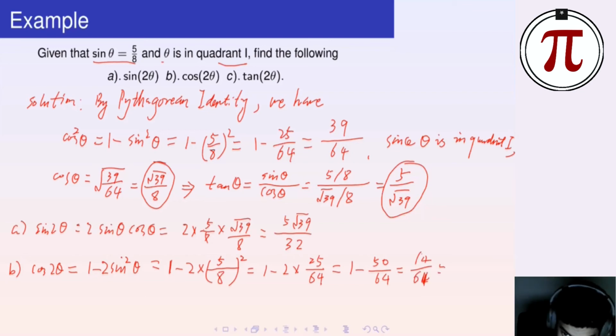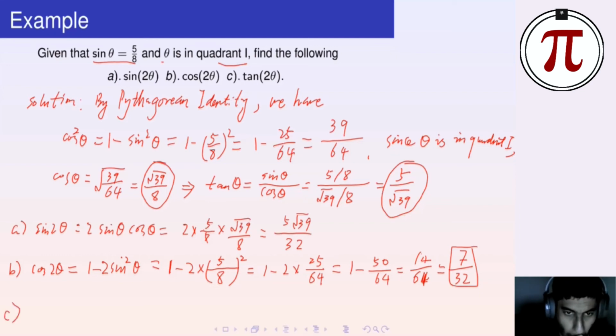Which can be rewritten as 7 over 32. Good. That's going to be our b, right? You can also use the other formulas, like cosine square theta minus sine square theta, or 2 cosine square theta minus 1, and you will get exactly the same answer. You may verify that after class.